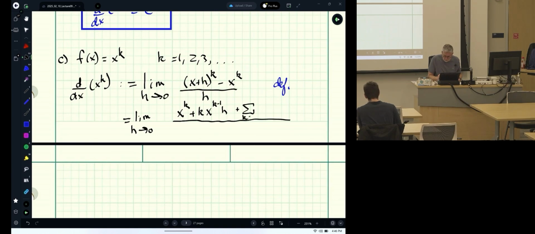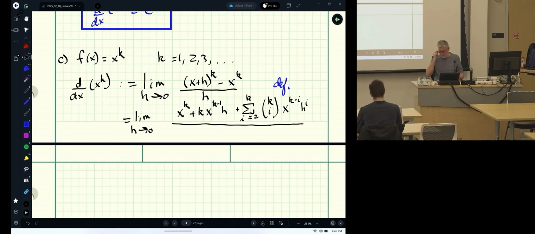The sum, can't use k, got to use a different index. i from 2 to k. And we have the binomial coefficient k choose i, x to the power k minus i times h to the i. So that product always has power k distributed, and then we still have to subtract off the x to the k.